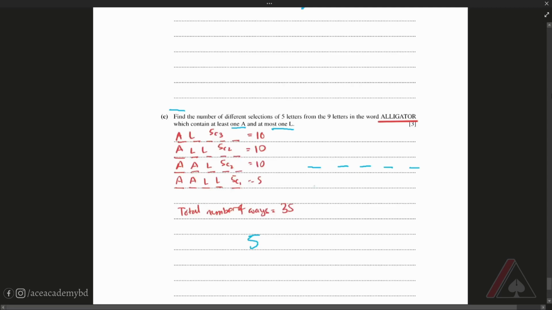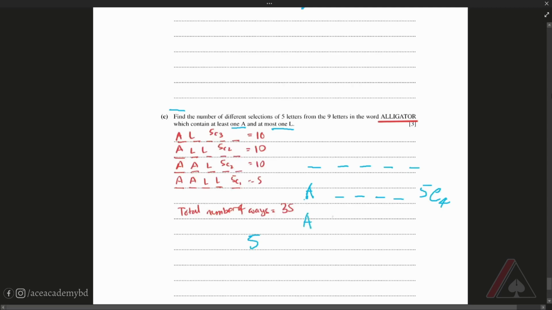So how many possible ways can we go? We could have one A and no L's. So there are 4 possible openings and 5 letters to place them in. So this could be a possibility.